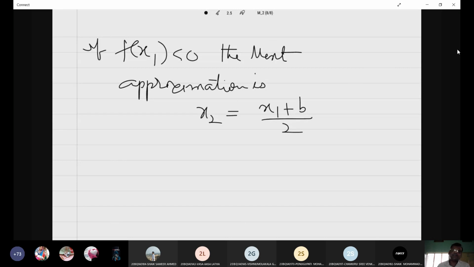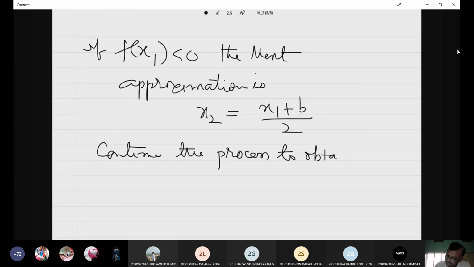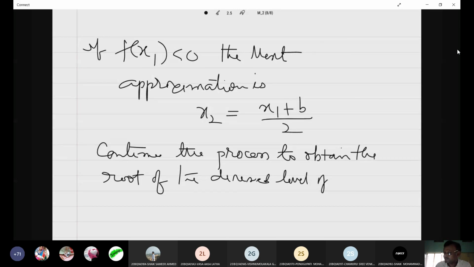Now continue the process to obtain the root to the desired level of accuracy.